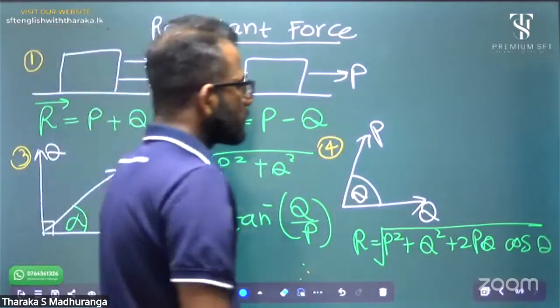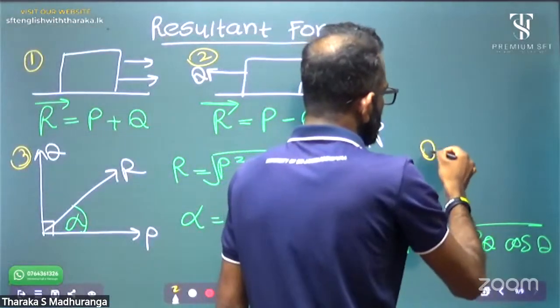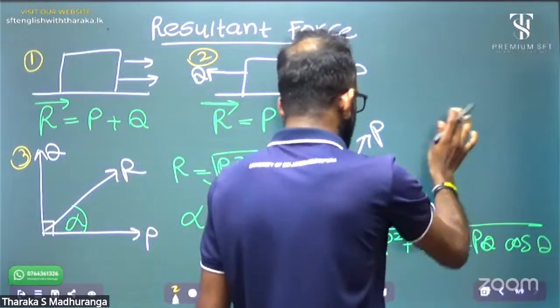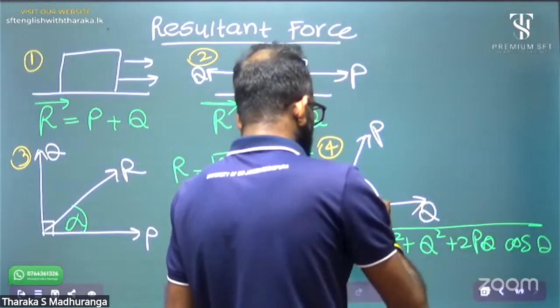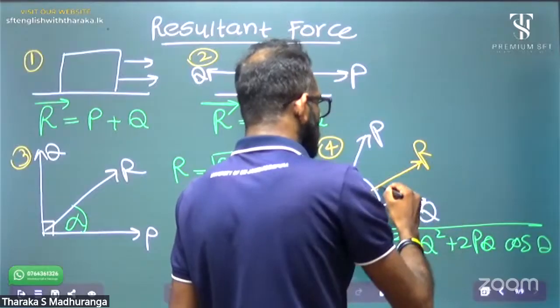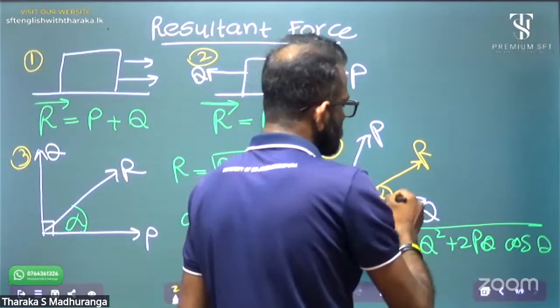How to get the direction? Not theta, alpha. I think it is R and this is alpha, this angle.